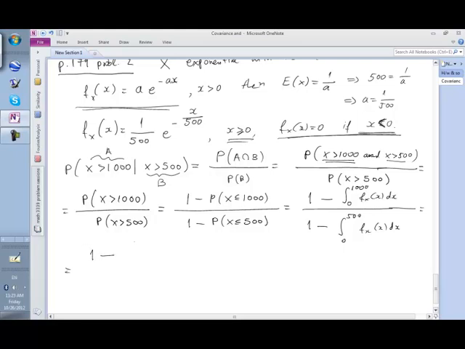This is 1 minus the integral from 0 to 1000 of 1 over 500 e to the negative x over 500 dx.